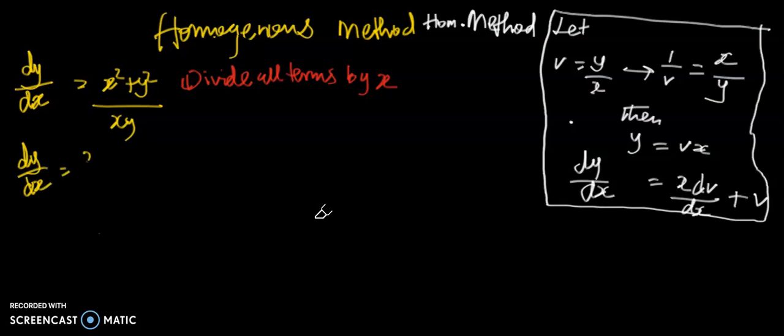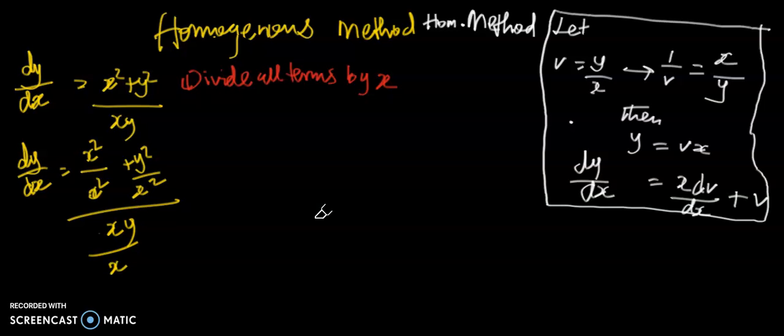is equal to x squared divided by x squared plus y squared divided by x squared, divided by xy, which will also be divided by x squared.